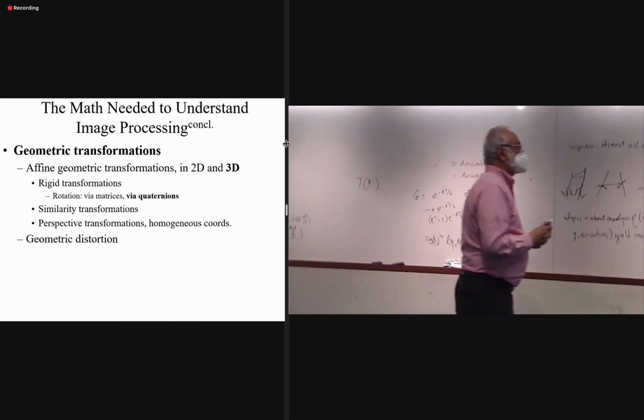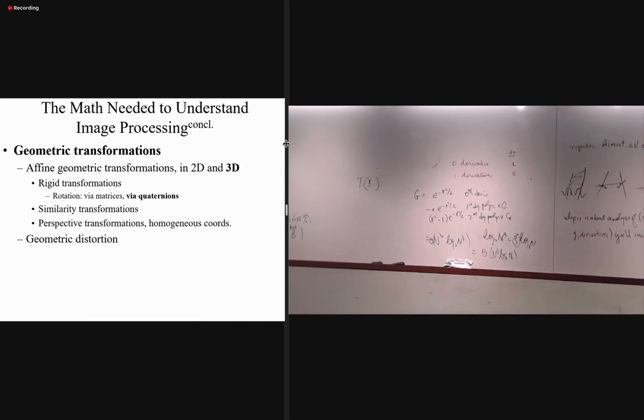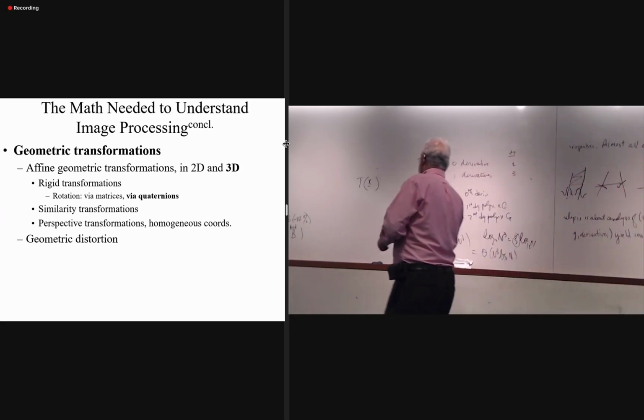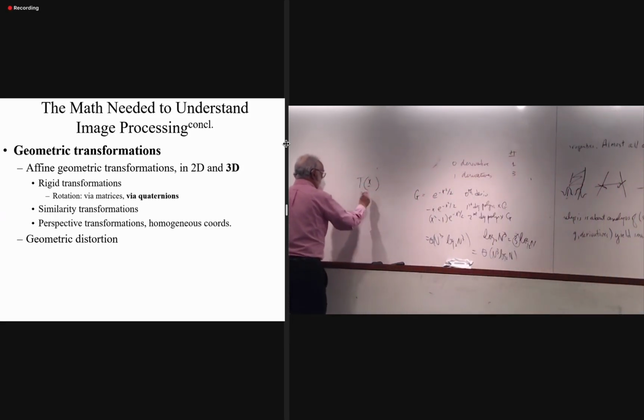And we're going to understand these in, first of all, two categories. The first category is T of X is AX plus B.